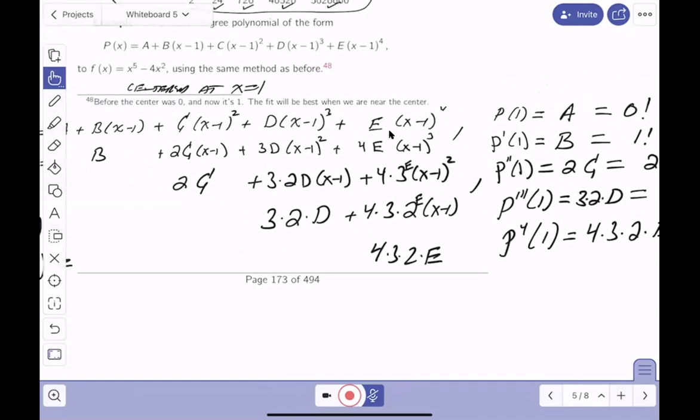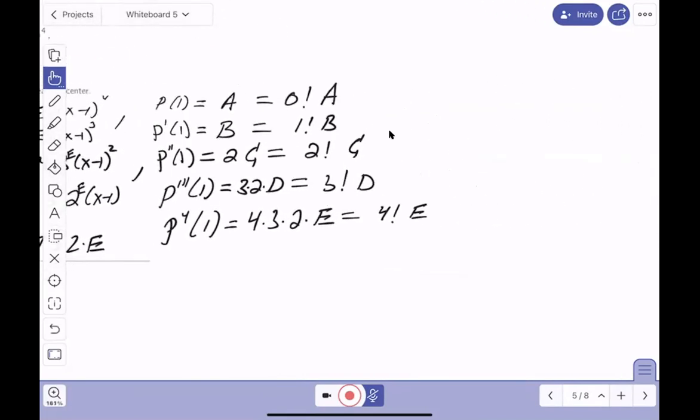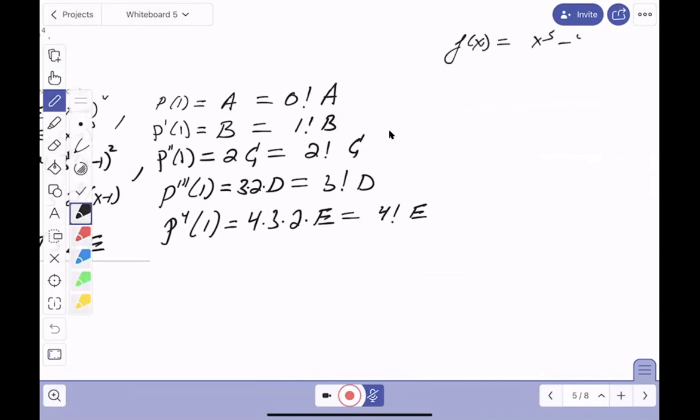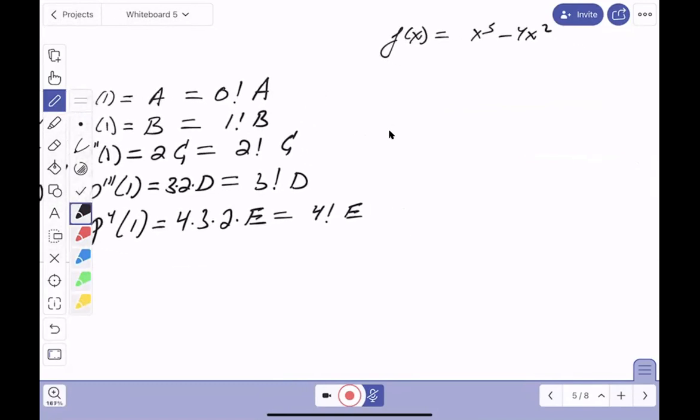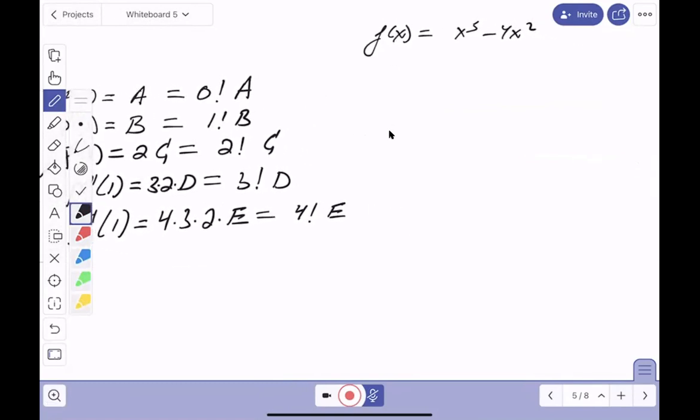And I'll write that down, x to the 5th minus 4x squared. I'm going to be real careful here. So f of x equals 5x to the 4th minus 8x. I'm sorry, I did it again.